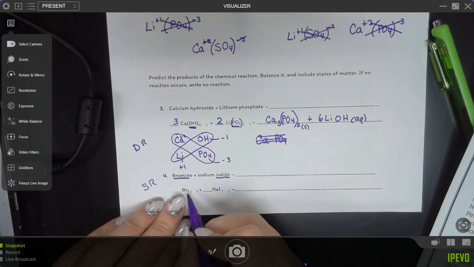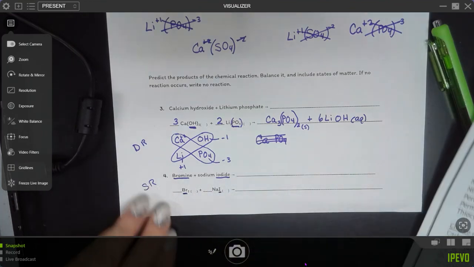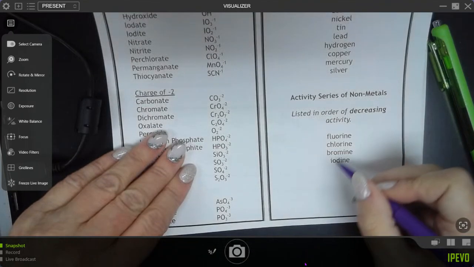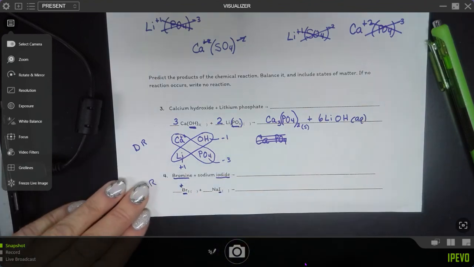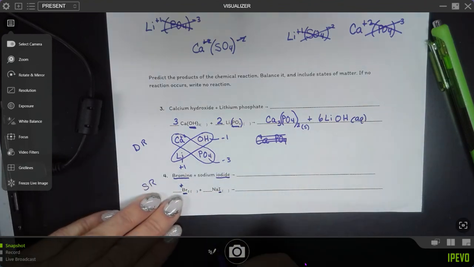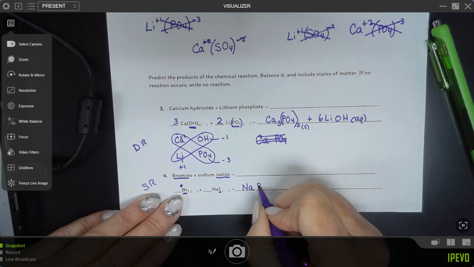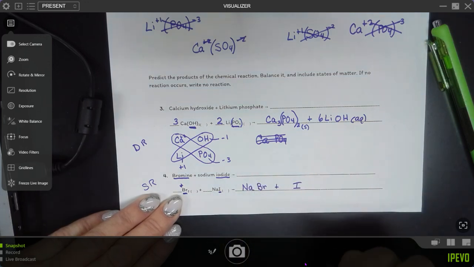Now, if you look at just the equation, you can look at bromine versus iodine. Iodine's on the bottom, so bromine is more reactive. Okay, so bromine is going to take iodine's place. So we're going to end up with sodium bromide plus iodine.